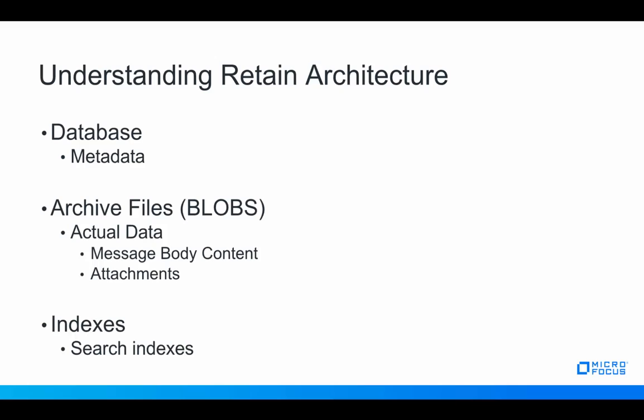Sometimes you have problems where there are limitations on how many files you can put in a particular directory and so forth. Because of the 16.7 million directories, you're just not going to have any limits as to how many blob files you can restore. And so Retain is really written and designed to scale in a massive way.